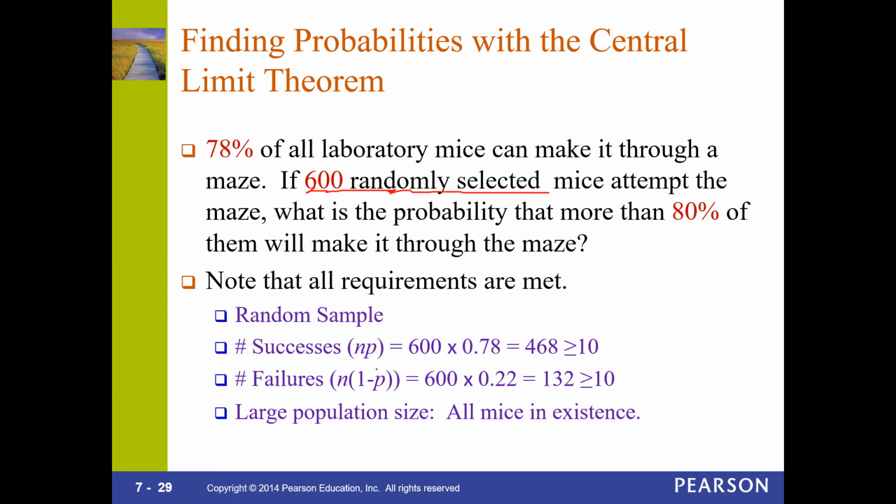The first thing we're going to do is check whether we can use the formula we had earlier by doing NP and N times 1 minus P. Once you do them, if they're more than 10, then it's okay. As you can see, in both of them they are more than 10. So the population is large. You can think about all mice in existence. By the way, we got 600, which is a large population.